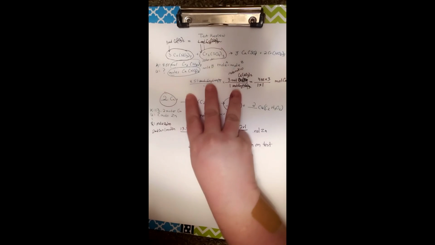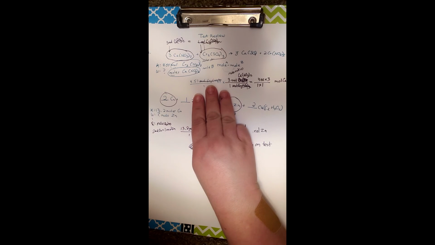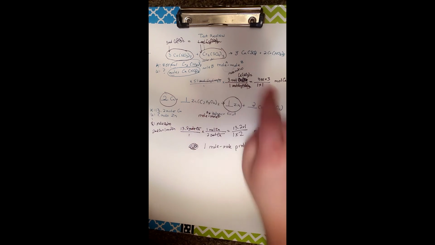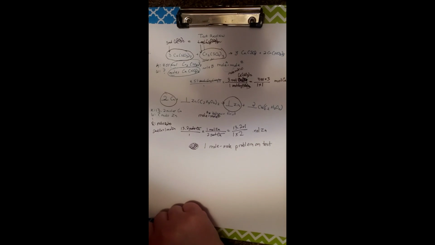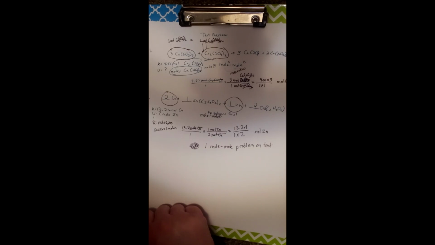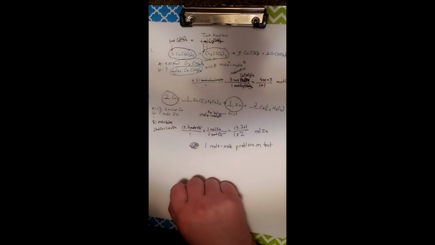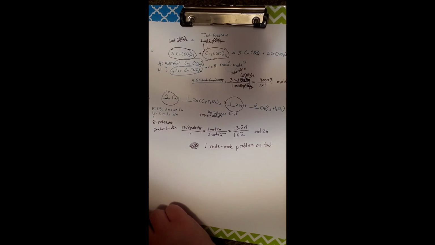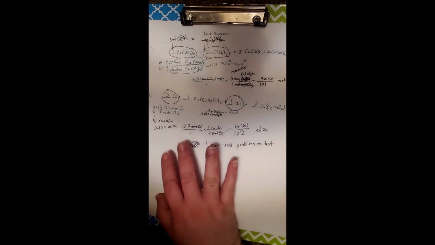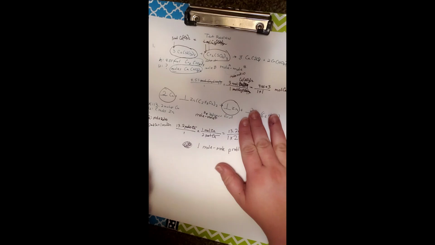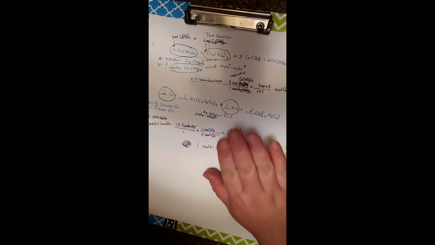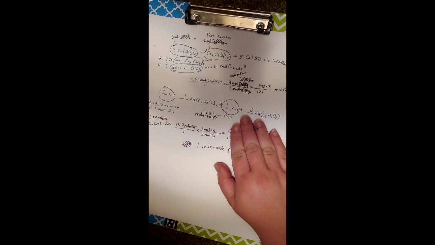I know you'll do at least 3 calculations. Okay? One of them is pretty much guaranteed to be a mole-to-mole problem, like on your test review. One of them is going to be a mass-to-mass problem, and one of them is going to be just a random anything from your stoichiometry roadmap. So be prepared to use your stoichiometry roadmap.